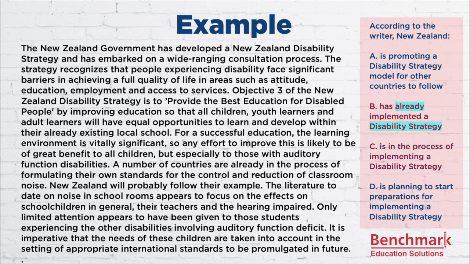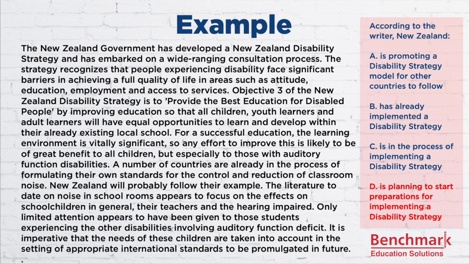Answer option C is in the process of implementing a disability strategy. The keywords here are process of and disability strategy. This would be quite different than option B because it would mean that they are still currently working on this strategy. And last we have answer option D, is planning to start preparations for implementing a disability strategy.